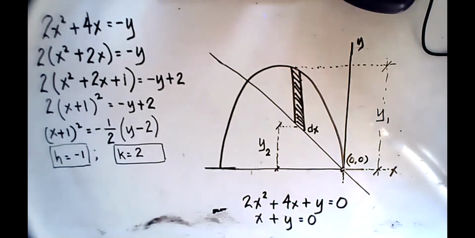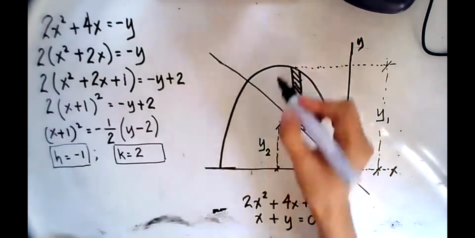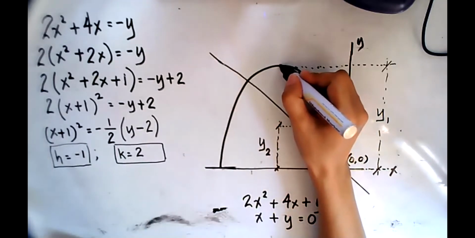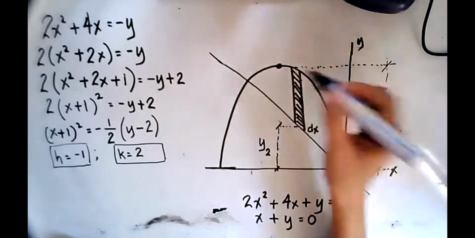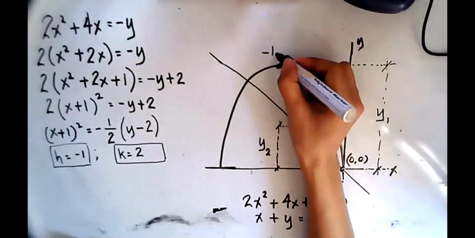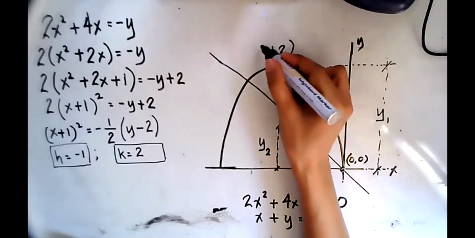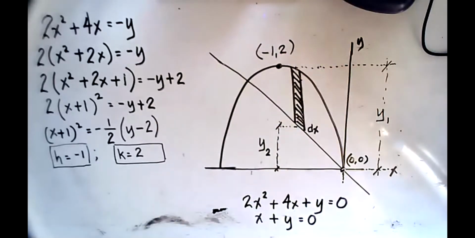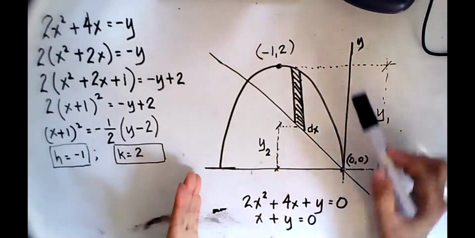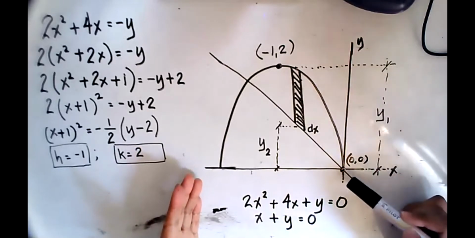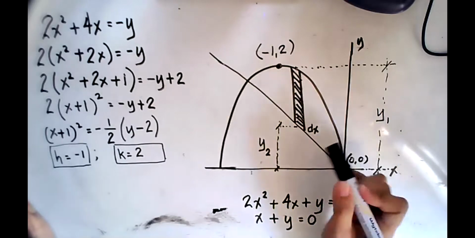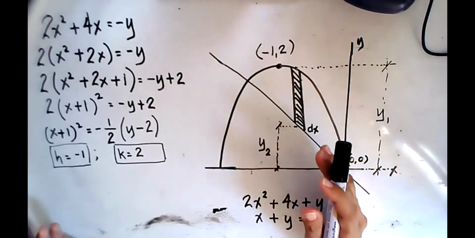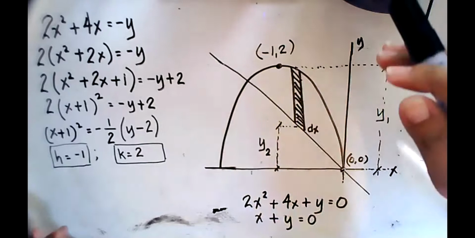So if you are going to locate the center, this is the point where you have negative 1 and positive 2. Negative 1 for the x and positive 2 for the y. You would notice that if this is the point of origin, negative 1 will be on this side, and positive 2 for y is on the upper side.